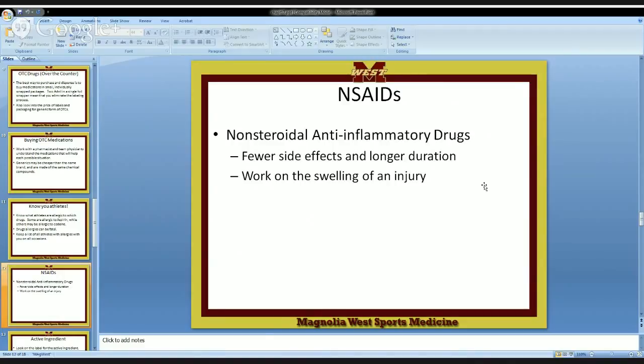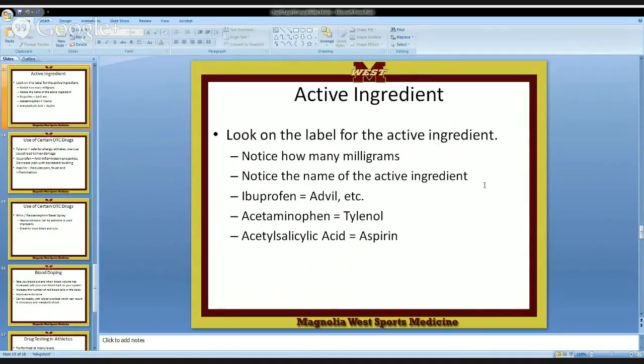So I'm not a big fan of using ibuprofen for headaches. I would probably prefer Tylenol. But the way that ibuprofen makes that ankle feel better is by decreasing the swelling. You decrease the swelling, you decrease the pressure, you decrease the pain.